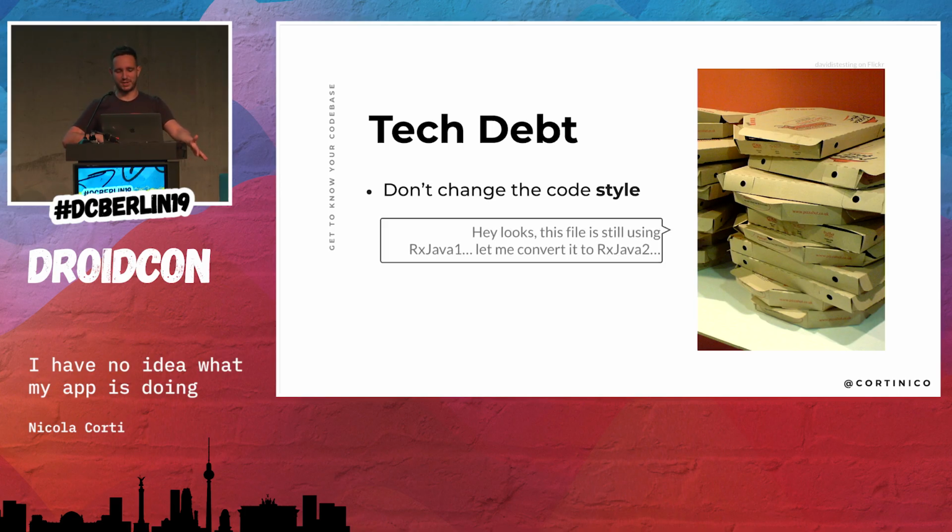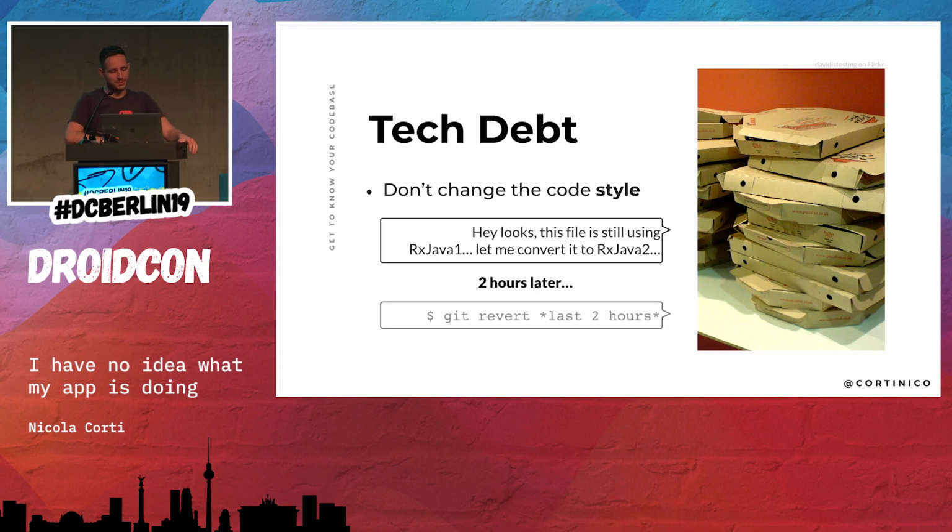It can be really painful, especially if you have something like this: hey, look, this file is still using RxJava 1. I'm onboarding. Why can't I just convert it to RxJava 2 in the meanwhile? You might end up with something like this, Git reverting your last 2 hours of work, just because if that file is in RxJava 1, maybe someone else had that same idea in the past.